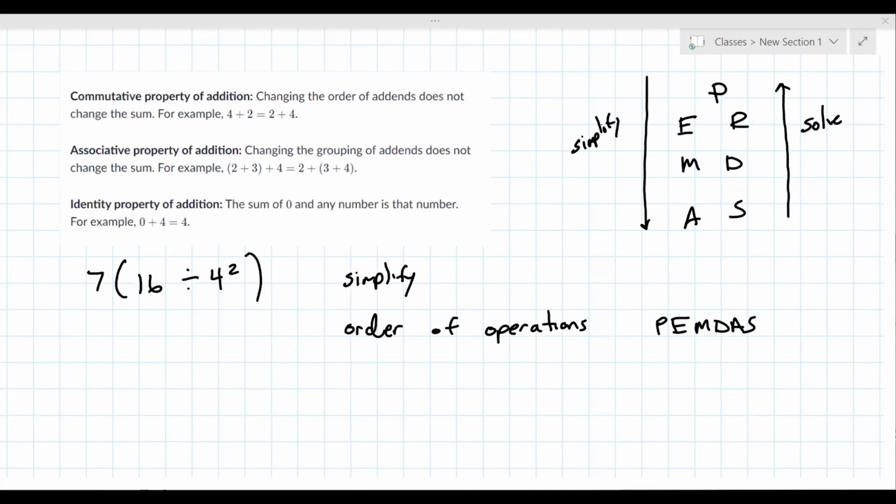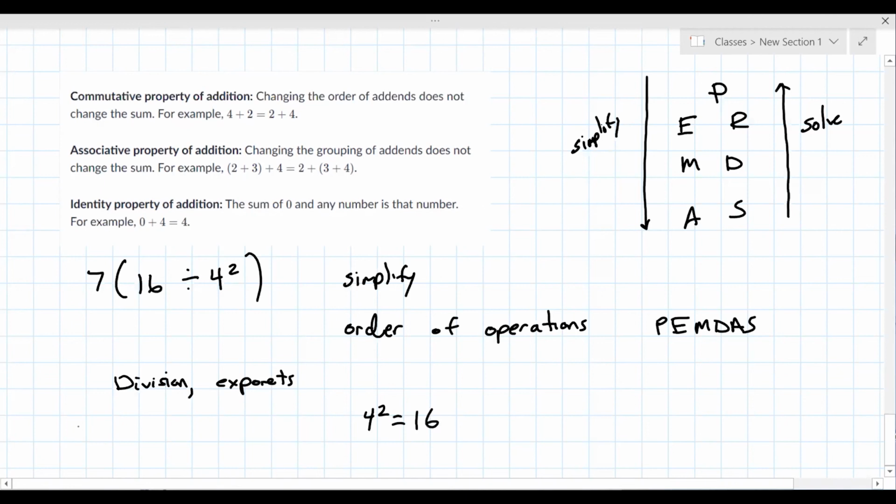The first or highest precedence here is parentheses. So you look inside parentheses, and what I see is division and an exponent. So I have to choose between division and exponents. Regardless of whether you use PEMDAS or this other thing I wrote, you're going to do exponents first. So we're going to do 4 squared. 4 squared equals 16.